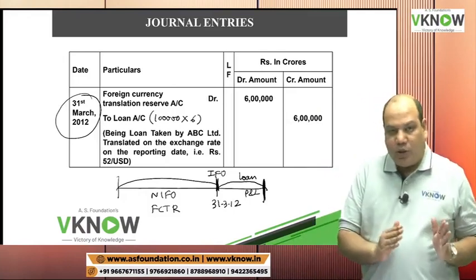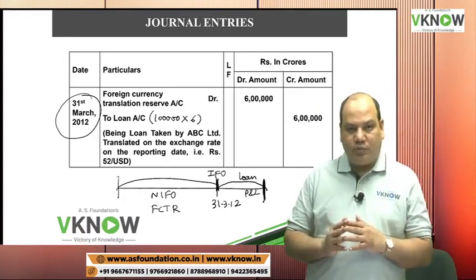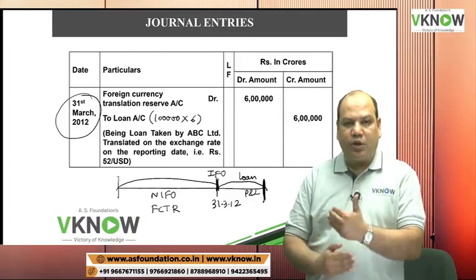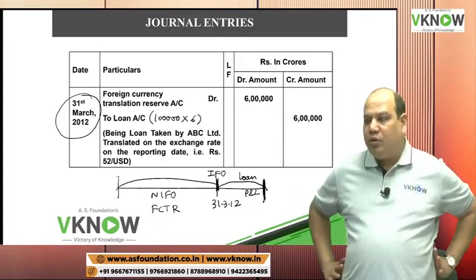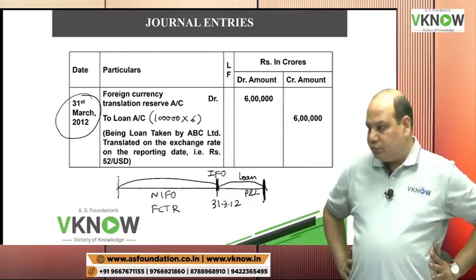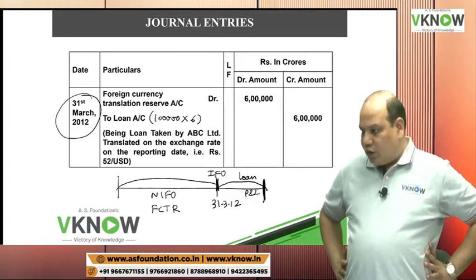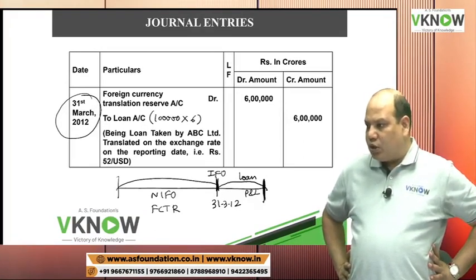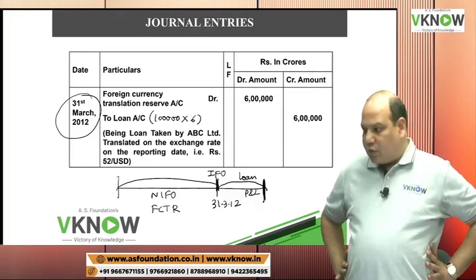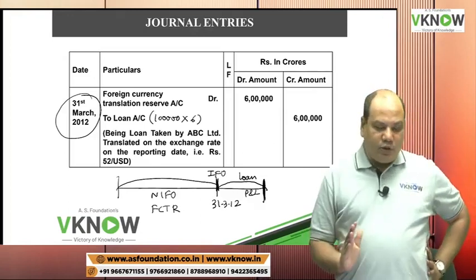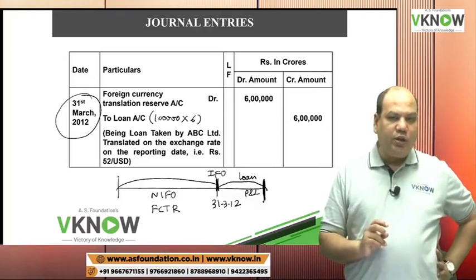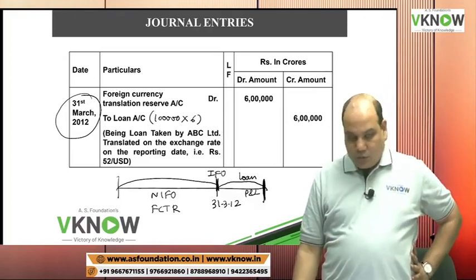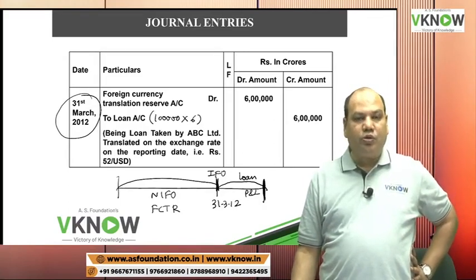After it becomes integral operation, the difference will be transferred to profit and loss account. So entry, write down first, FCTR to loan account 6 lakh. This is what we have done. We have given the effect of what was written in the standard, being loan revalued using closing rate.